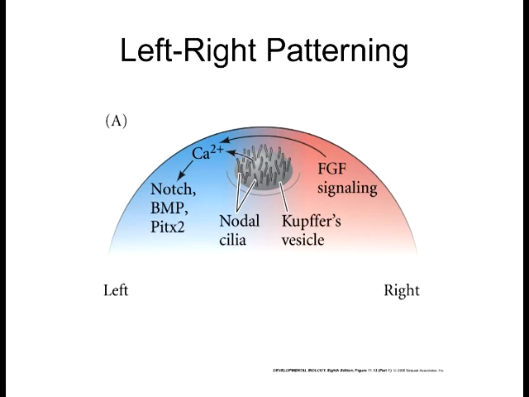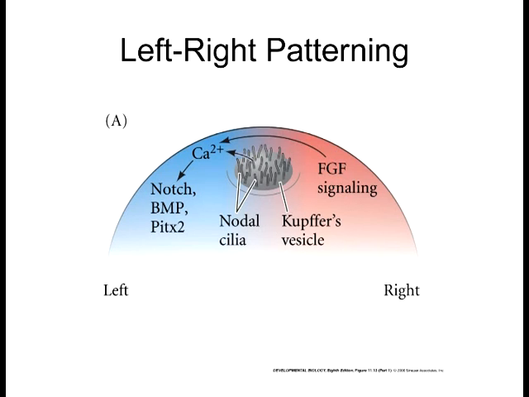Left-right. We didn't talk about left-right patterning in Xenopus, but one of the things that happens in left-right patterning in zebrafish is there are these ciliated cells. And due to the cilia, the cells will actually sweep in a counterclockwise fashion, and it pushes certain molecules over to one side, and that's where you get the initial formation of left-right patterning.